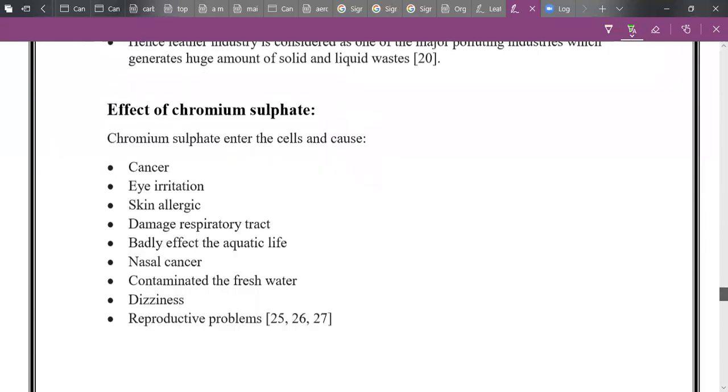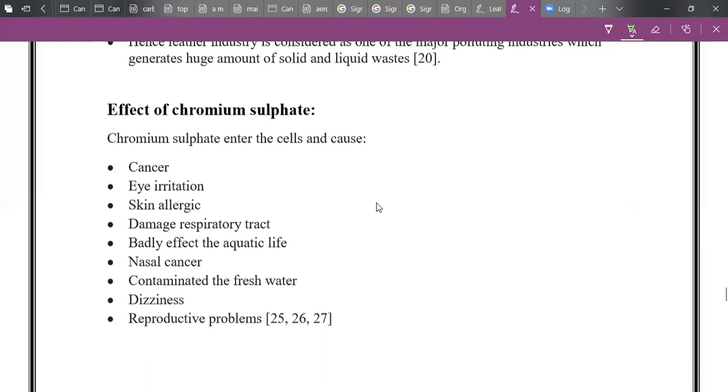Effect of chromium sulfate: chromium sulfate causes cancer, eye irritation, skin allergy, damage to the respiratory tract, badly affects aquatic life, causes nasal cancer, contaminates fresh water, and causes dizziness and reproductive problems. All these problems are due to the chromium sulfate.